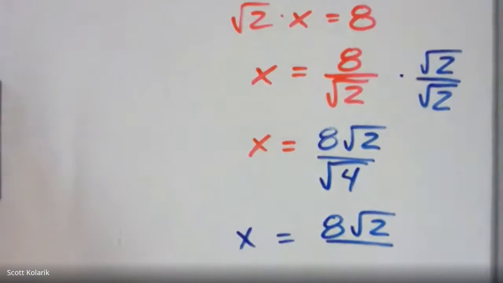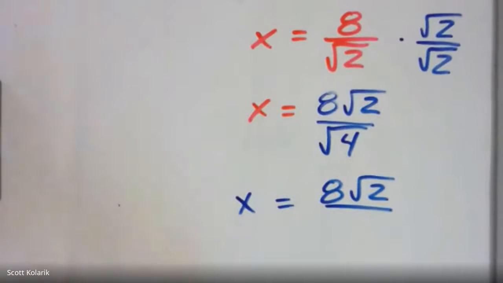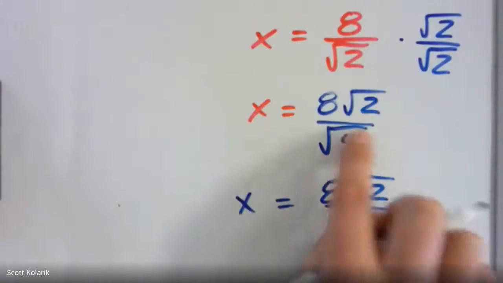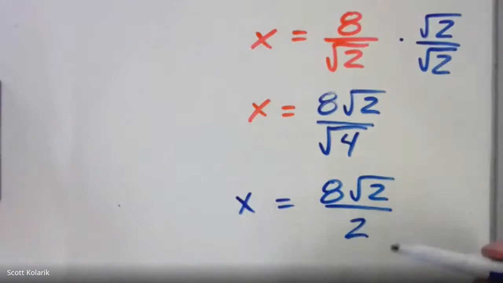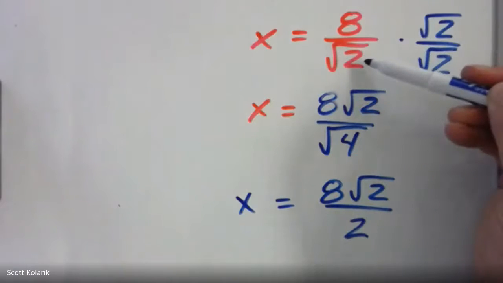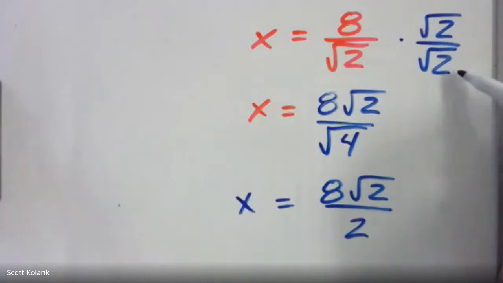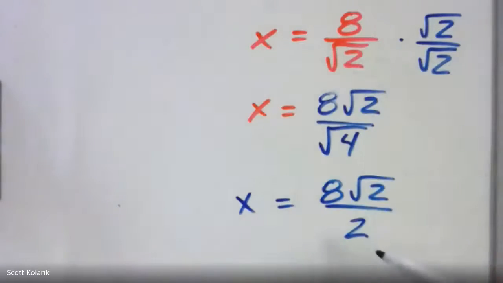In the denominator, the reason I went through showing you that 2 times 2 gives me this 4 is because this part I can solve. The square root of 4 is actually 2. But what I want you to see as the punchline here is that anytime I multiply a radical by itself, the radical just goes away. It's a way to cancel it out, and I'm left with whatever was underneath that hat. Okay, so that's how I can rationalize this.